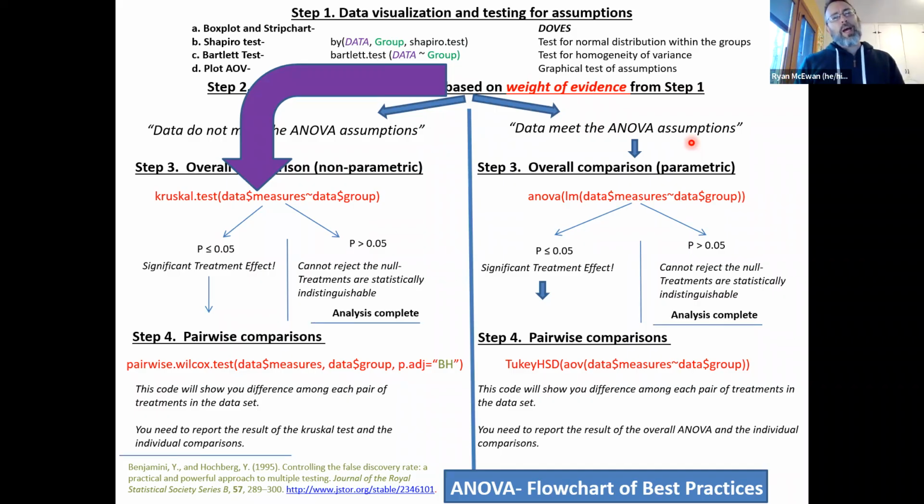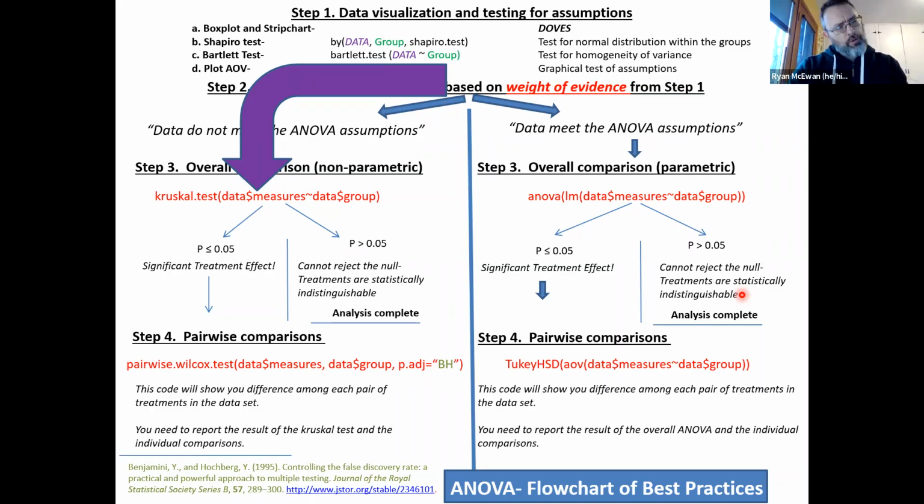The pathway I'm teaching here is heading down a non-parametric route. So you just say, I'm just going to analyze the data without the assumptions. That has costs, pluses and minuses, versus transforming the data to try to force it to meet this. That also has pluses and minuses. And I think the transformation approach is too complicated for the class.